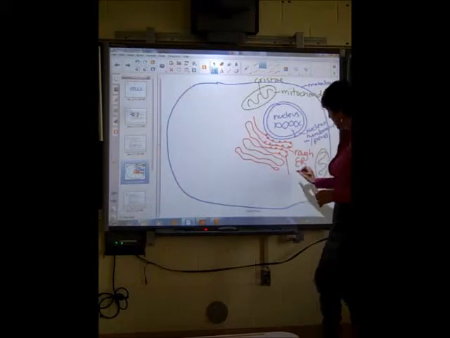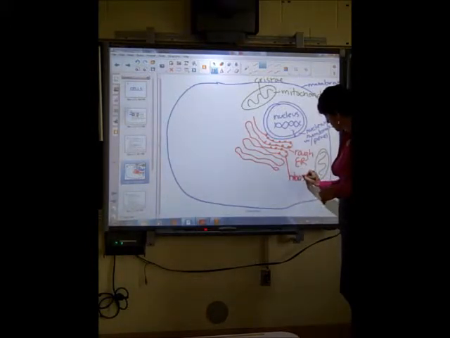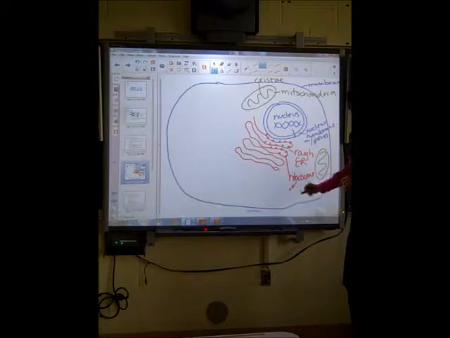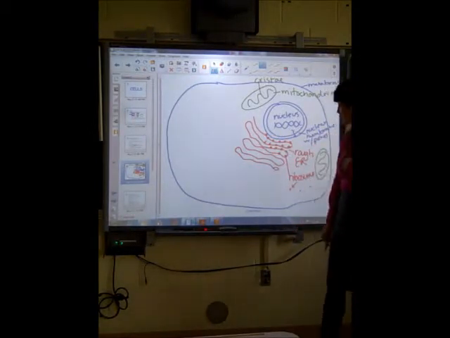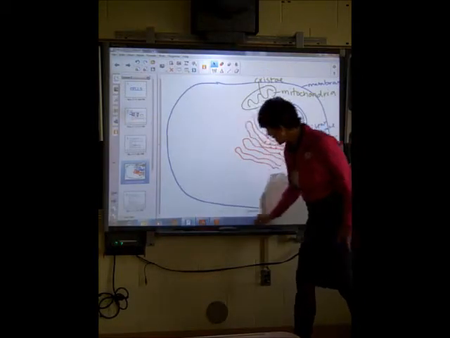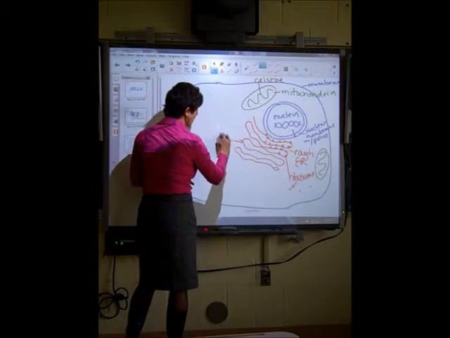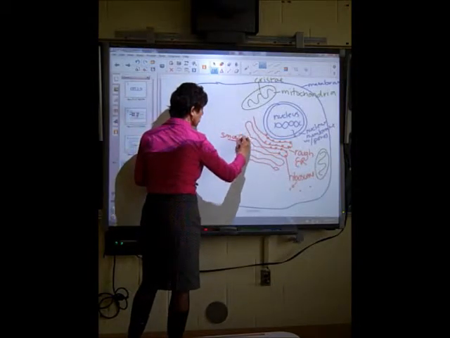And I'm going to label this a ribosome. I'll also draw some others and label those. So these are free ribosomes. These are attached ribosomes. You will find both in most cells. This section over here where there aren't any ribosomes, we'll label that smooth ER.